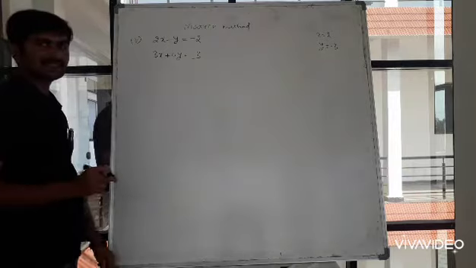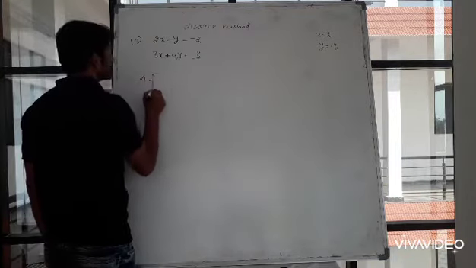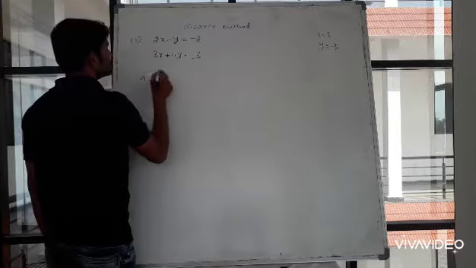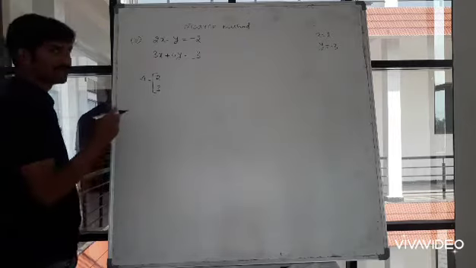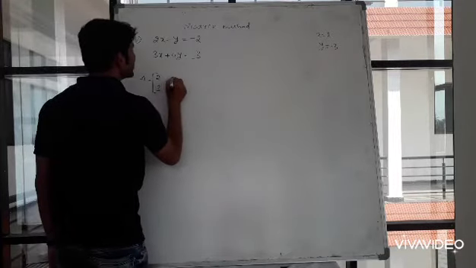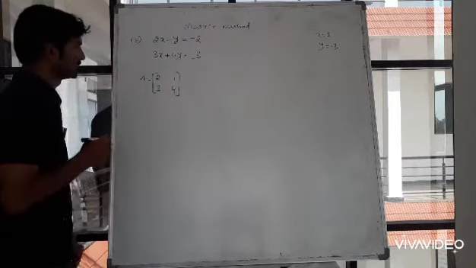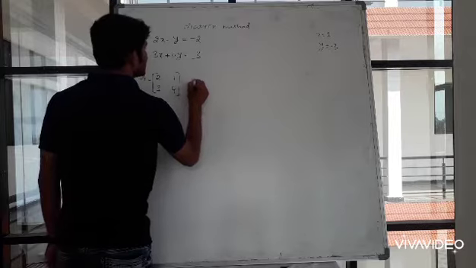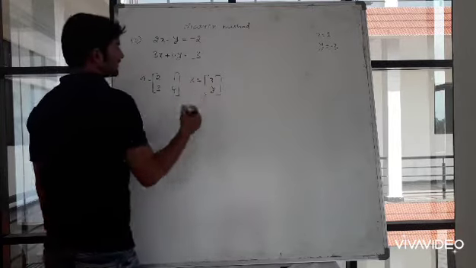Two variables are there. So write the A matrix form: 2, 3. First column, the coefficients of x. Second column, the coefficients of y, minus 1 and 4. And x is equal to the 2 variables, written in a column.